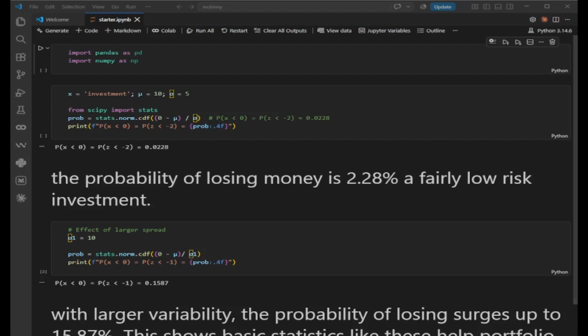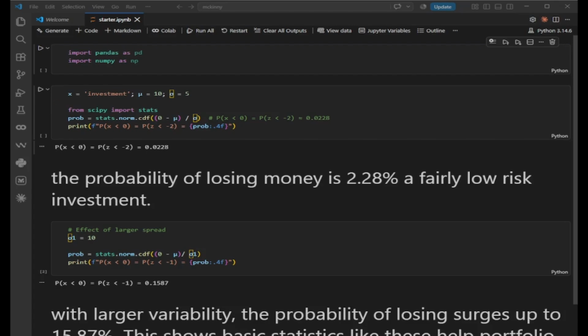So for that, I have here X, which I call the investment. I have mu equals 10%, sigma equals 5%. How do we understand how much risk this investment has? What is the probability of losing on this investment?